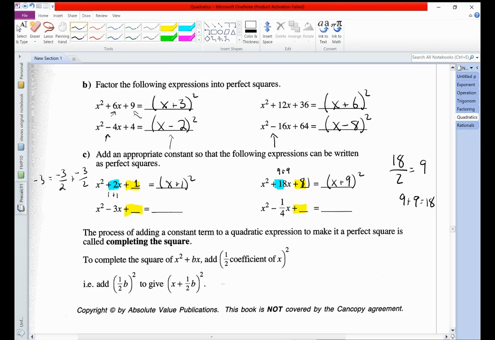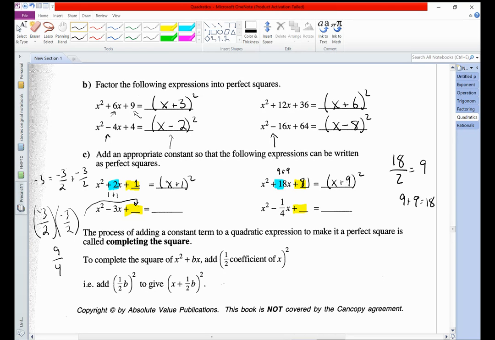We don't know, that's 1.5, but we want to write that as a fraction. So what's negative 3/2 multiplied by negative 3/2? So that's going to give us that constant right there. That will be positive 9 over 4.